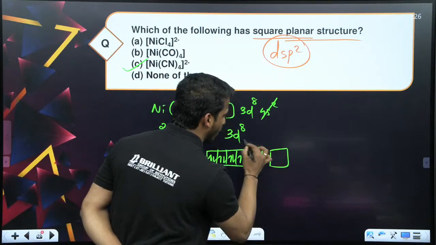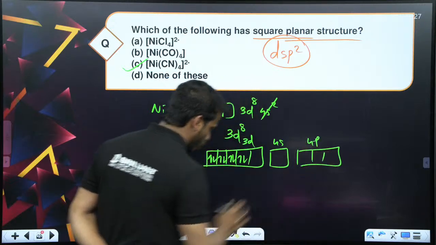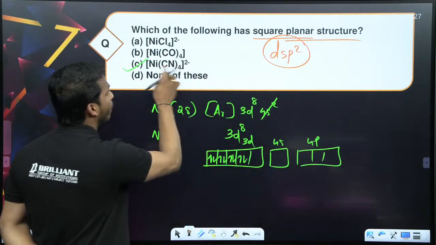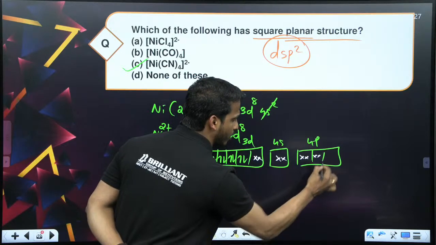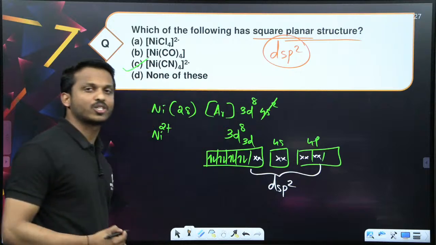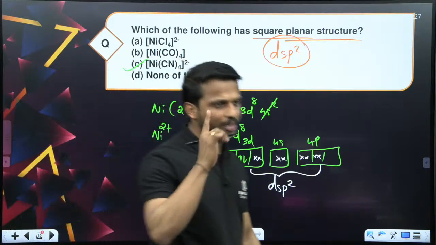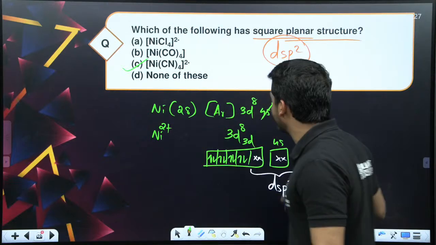So you have 3d, 4s, and 4p. Total 4 ligands are there, so 4 orbitals we need to take for the hybridization. So what is that? dsp2. Yes, it is square planar geometry. Option C is the correct answer.